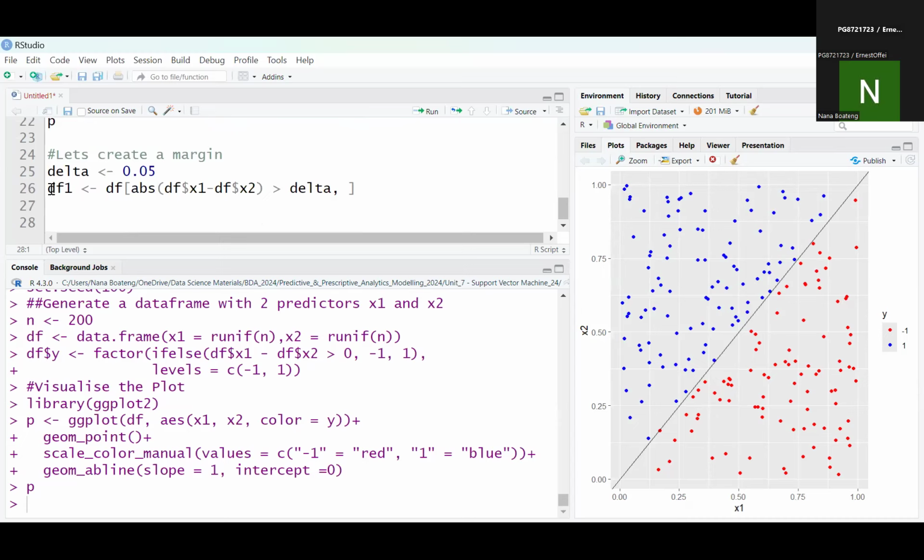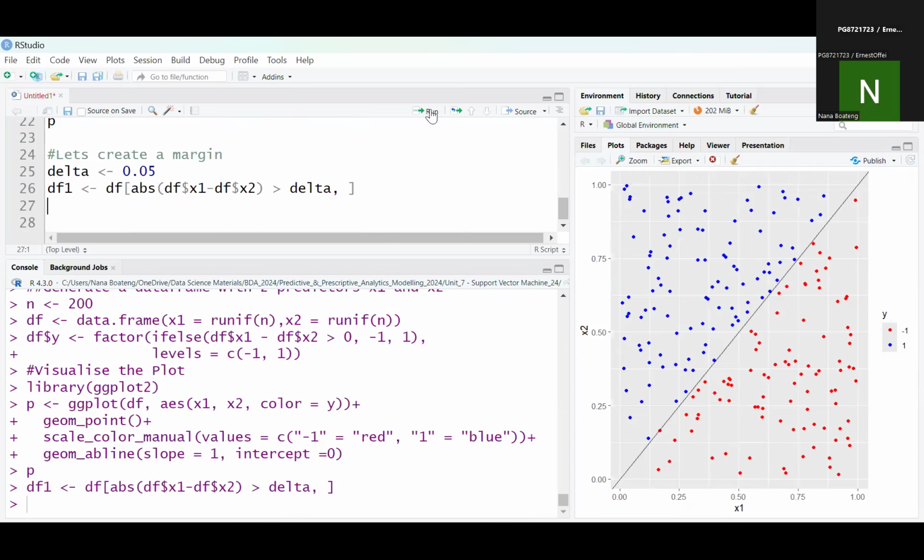Okay, so we have DF. So let's look at the number of rows for DF. That's 200.